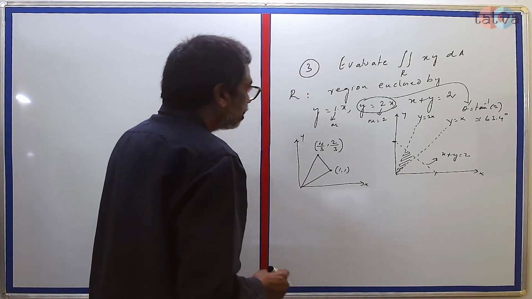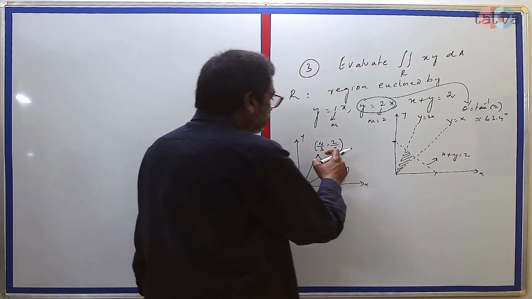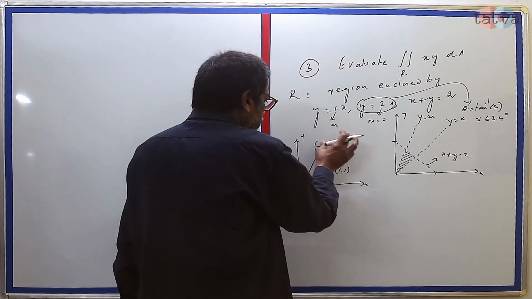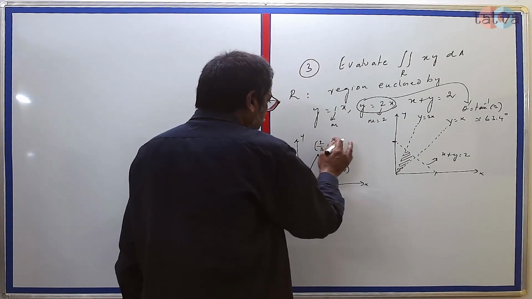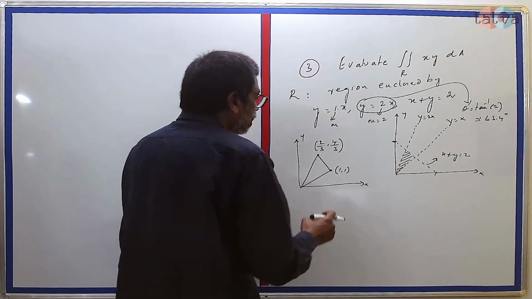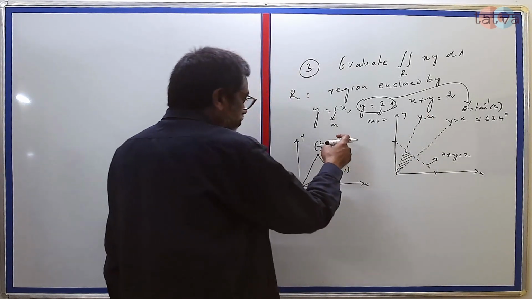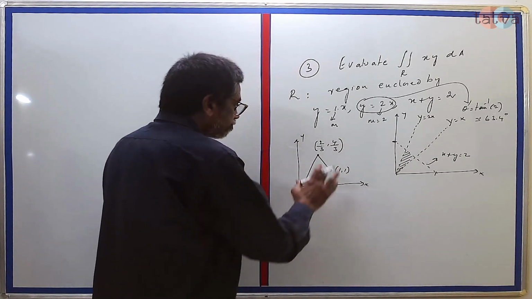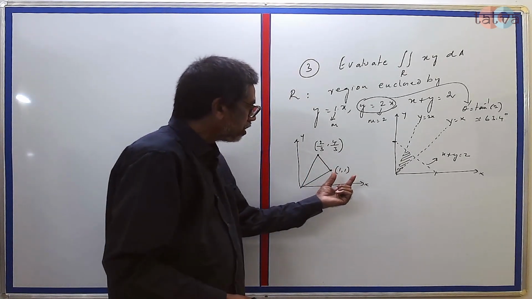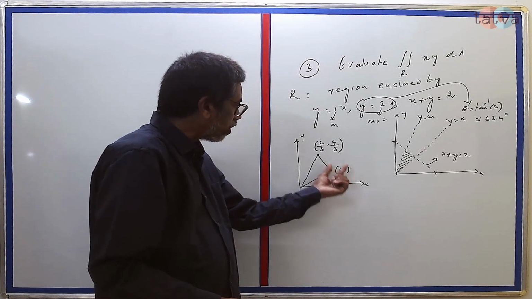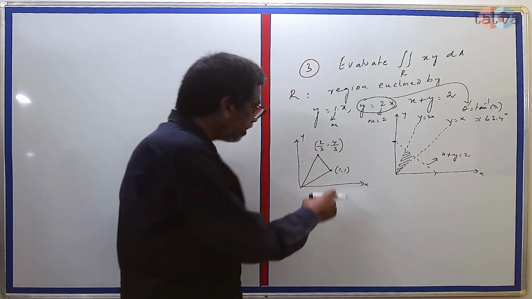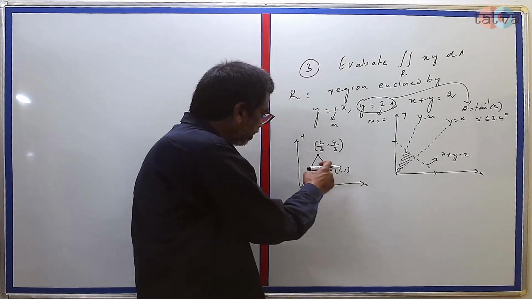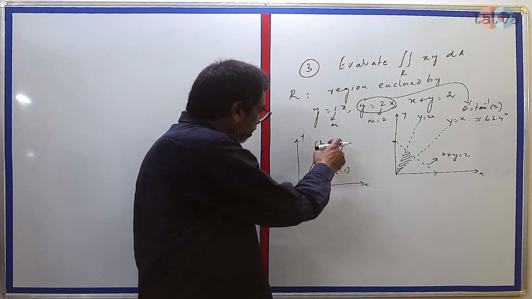So let us make this 2 by 3 and this 4 by 3. I think y is equal to 2x will satisfy this because 4 by 3 is 2 times 2 by 3. Anyway, the way I got this 1 comma 1 and 2 by 3 comma 4 by 3 is to solve the corresponding equations, right? So this equation and this equation solve and get this. This equation and this equation solve and get this.